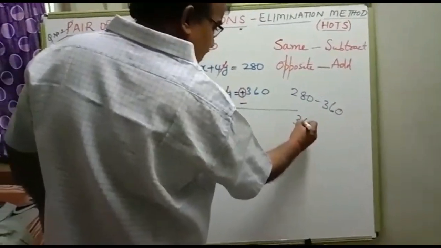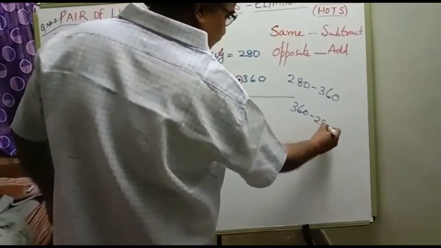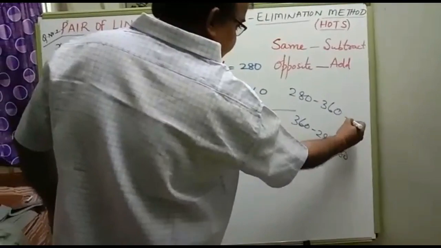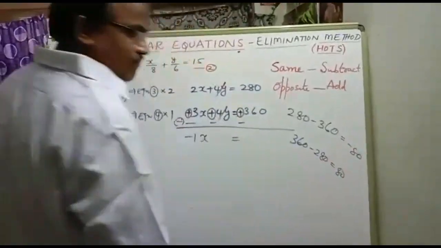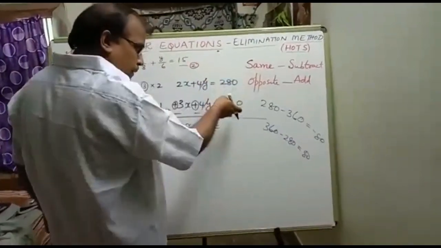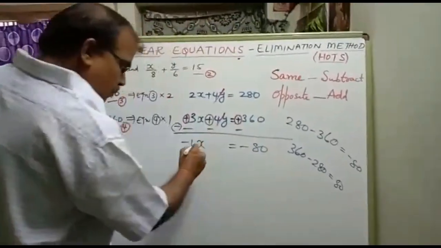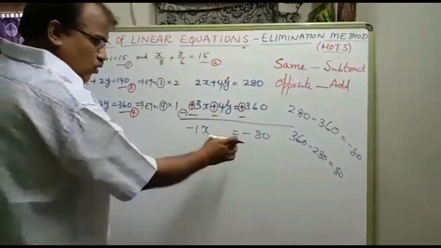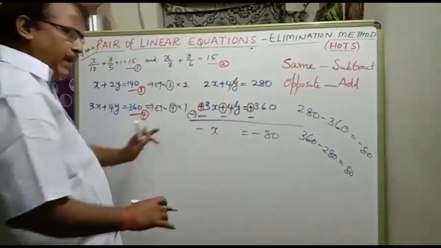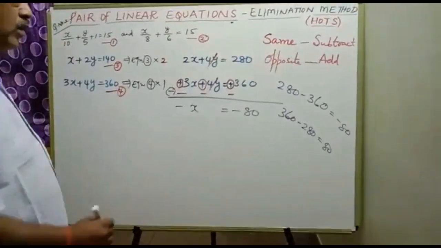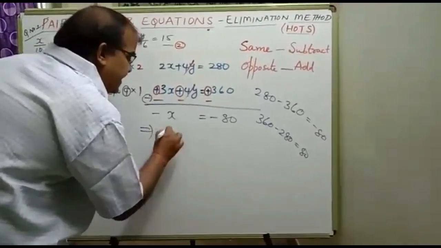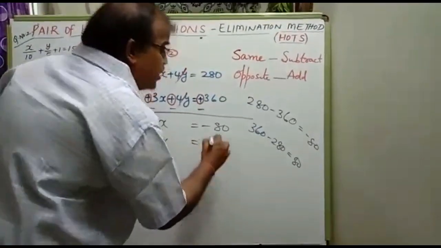We know 360 minus 280 is equal to 80, so small number minus big number is minus 80. Here minus 1x is equal to minus 80, that is minus x is equal to minus 80. So x is equal to 80.